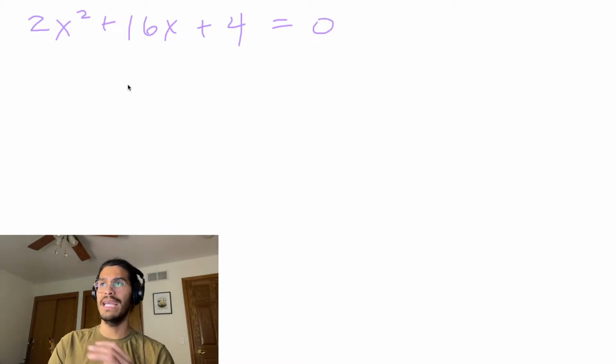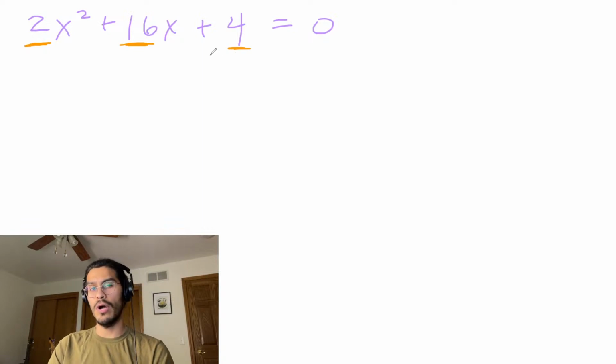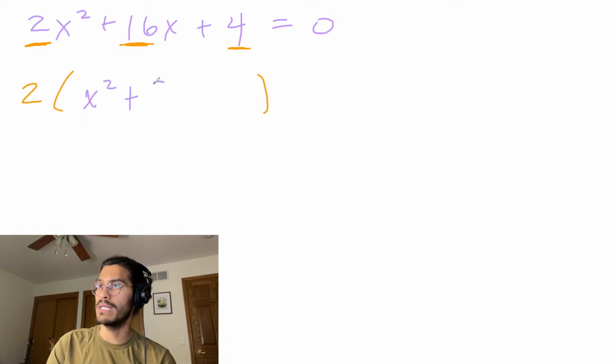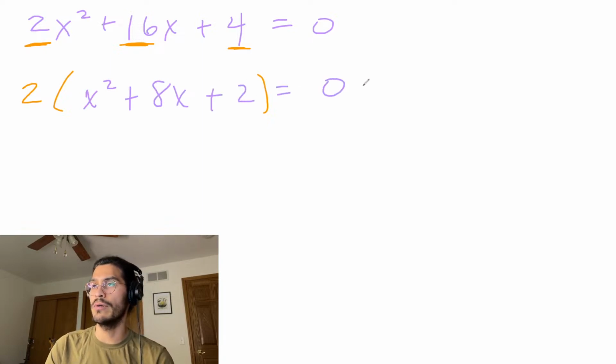It's going to work in a very similar way, except the only difference is we have this 2 out in front. Well, what would we normally do with that? We'd notice there's a 2 there, a 16 there, a 4 there. They're all divisible by 2. So let's factor out that 2. And we'd have 2 parentheses x squared plus 8x plus 2 equals 0.